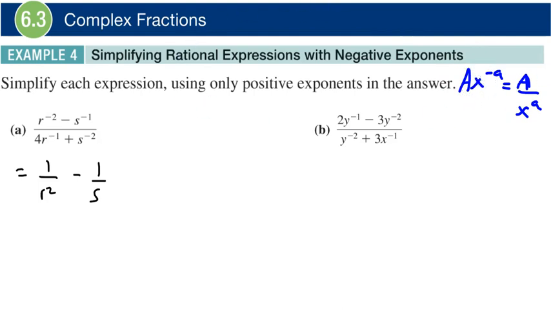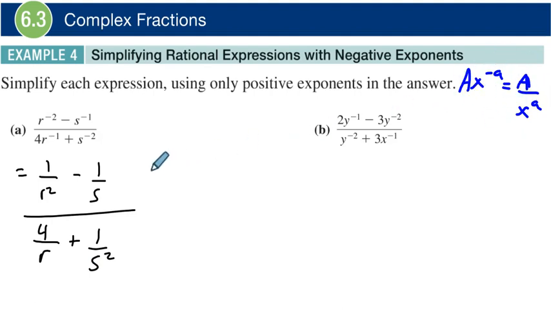Okay, there you go. And so that's for that guy right there. And then here, now here's where this whole thing comes in, where only the r is being raised to the negative 1. So we leave the 4 in the numerator, and then it's r on the bottom, plus 1 over s squared. Okay, so what I've just done is I just applied this rule right here.